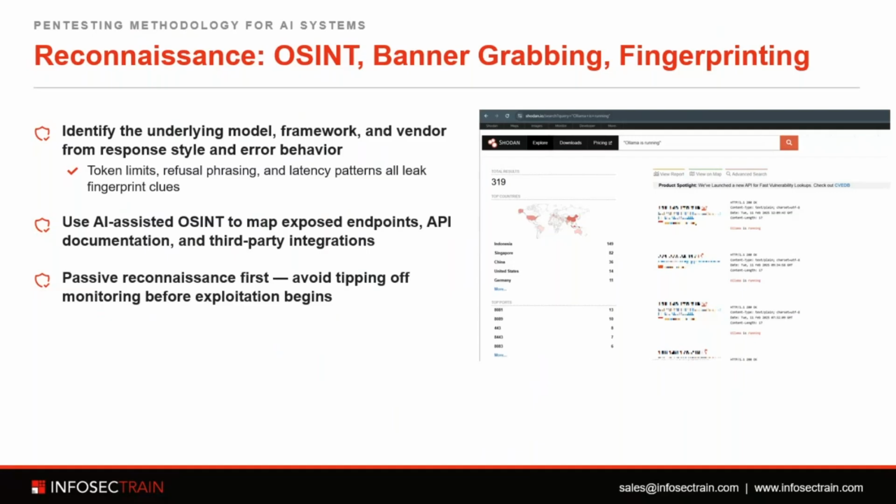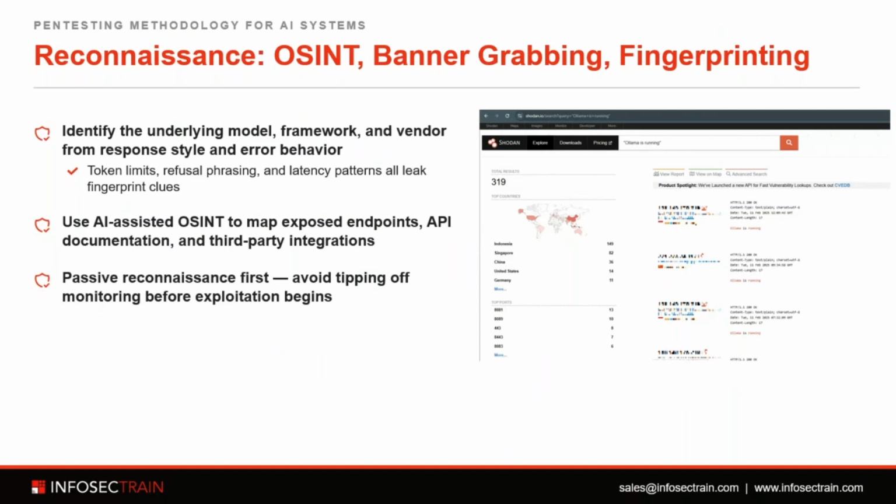So how will you do OSINT? OSINT means open source intelligence, right? That means finding out the information which is available over the internet. So instead of manually, you can do OSINT using AI as well.